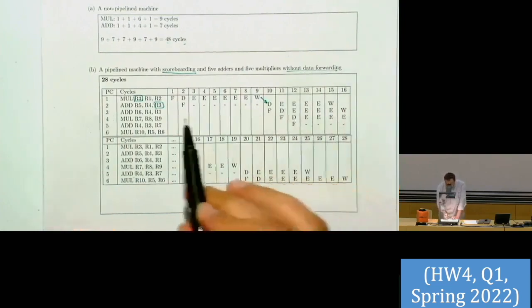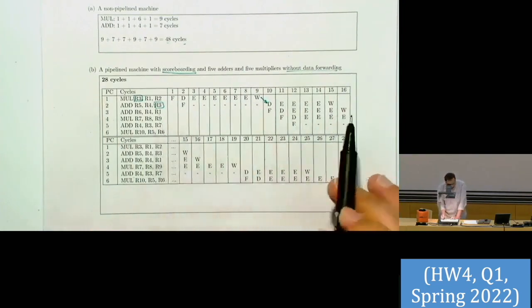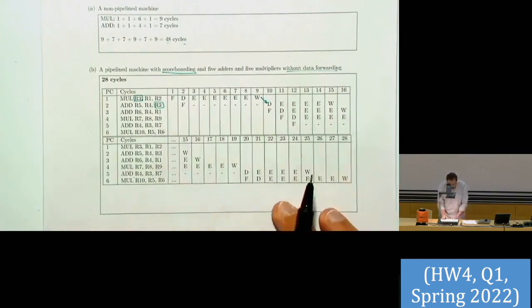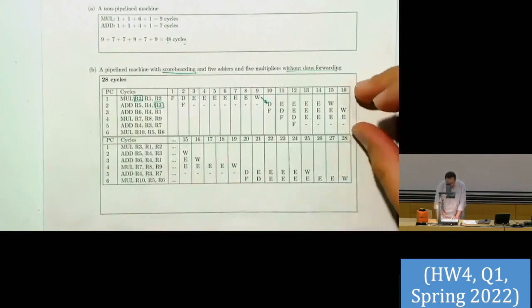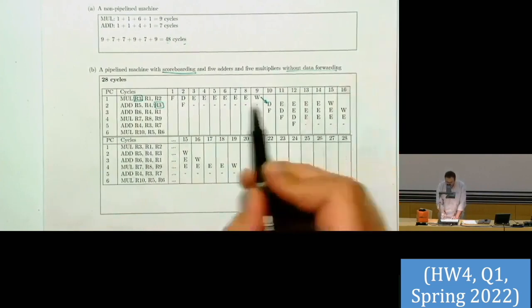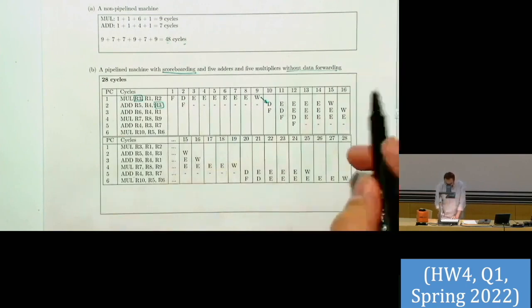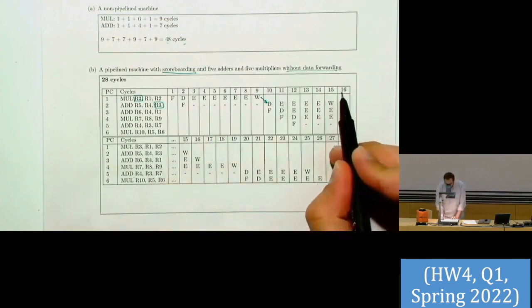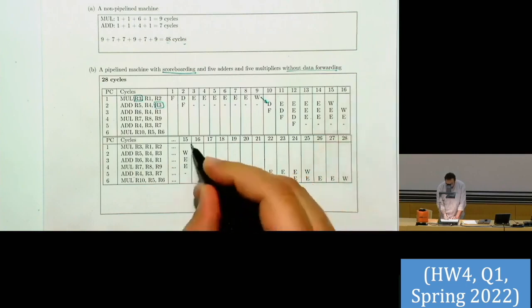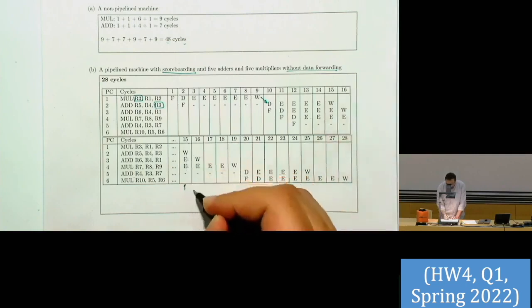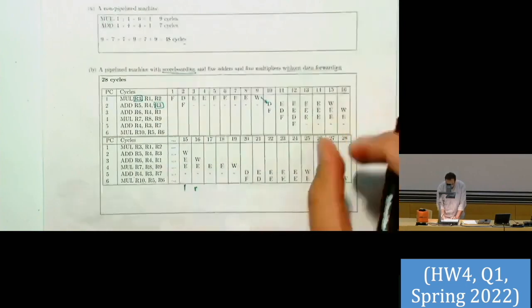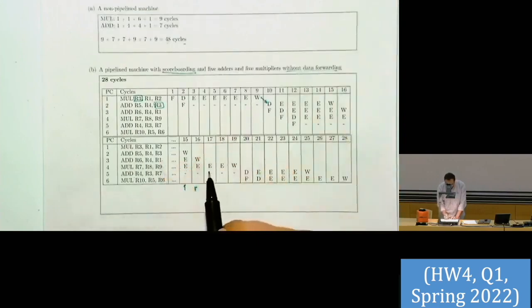Then you just follow the same idea for the other instructions as well. I put 2 rows here because the whole thing doesn't fit into one line. This is until the 16th cycle, and I repeated the 15th and 16th cycles here, which are just copies. Then you can follow the rest here.